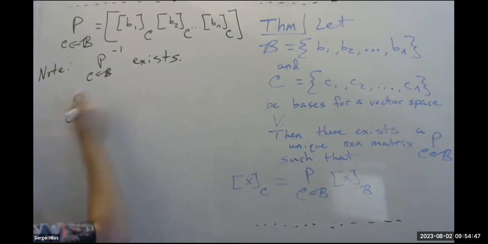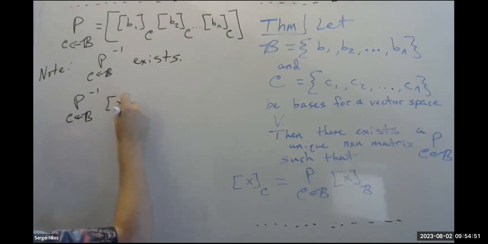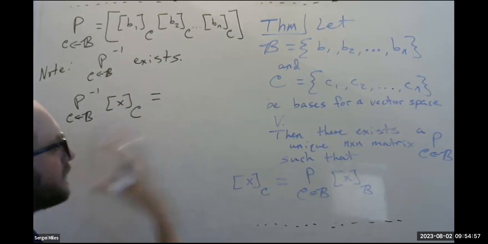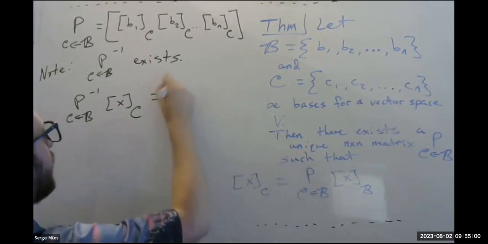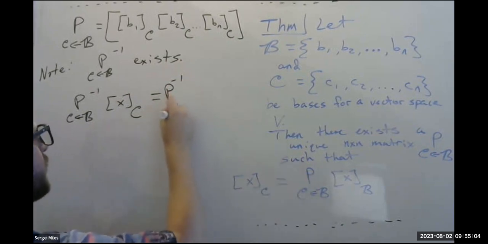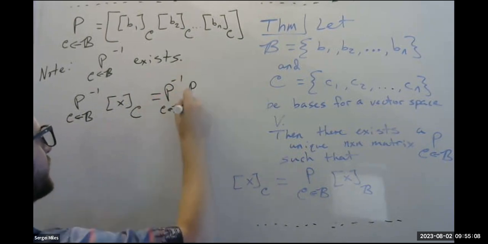If I multiply on a different side, that's not going to cancel anything. It's not going to simplify the problem, right? If I want to remove this P matrix, then I have to multiply by its inverse on the left side. That is the only way to remove it.